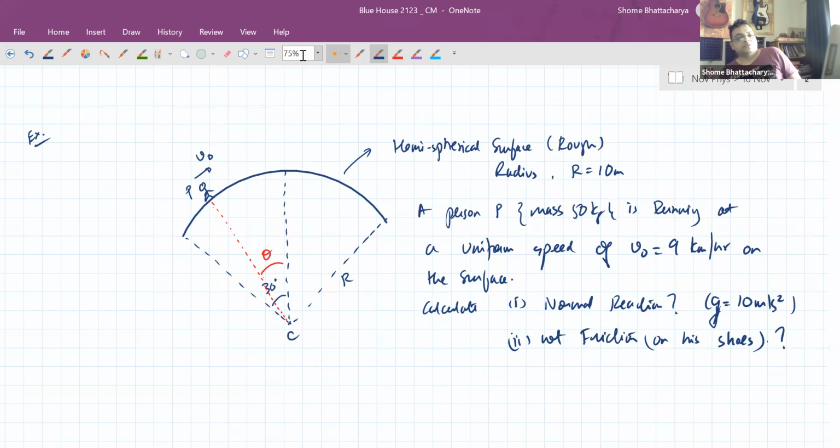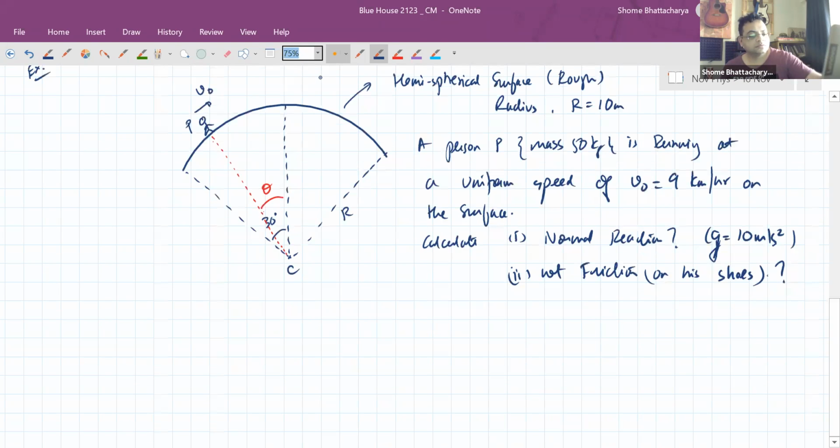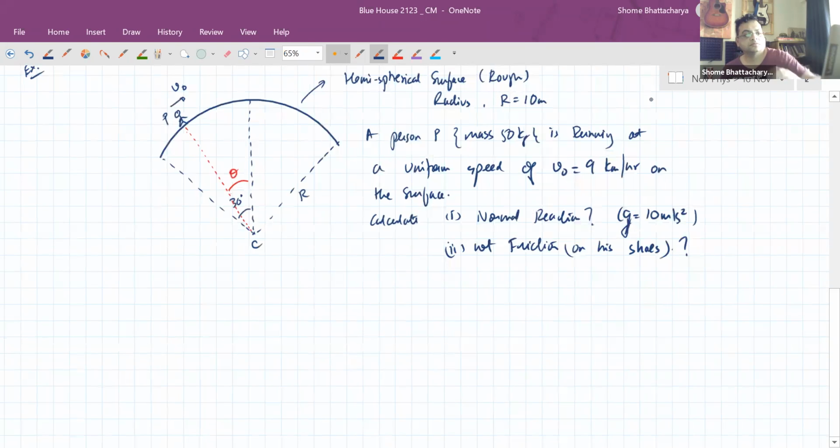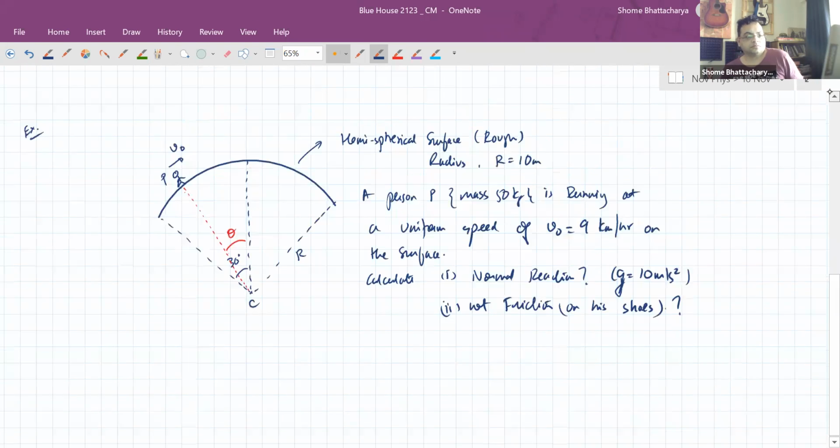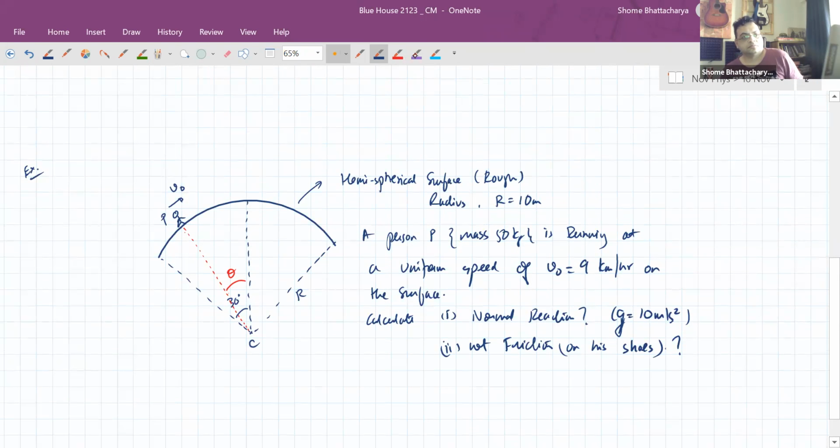So both of these we have to calculate initially as functions of theta.